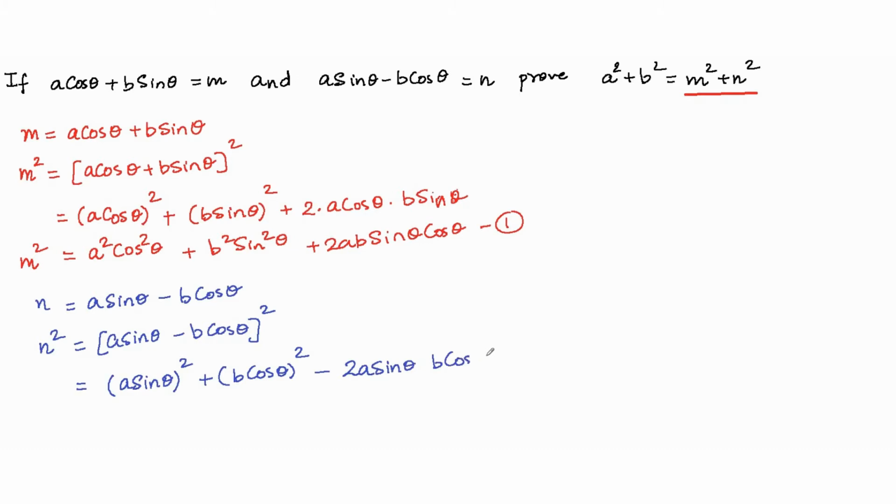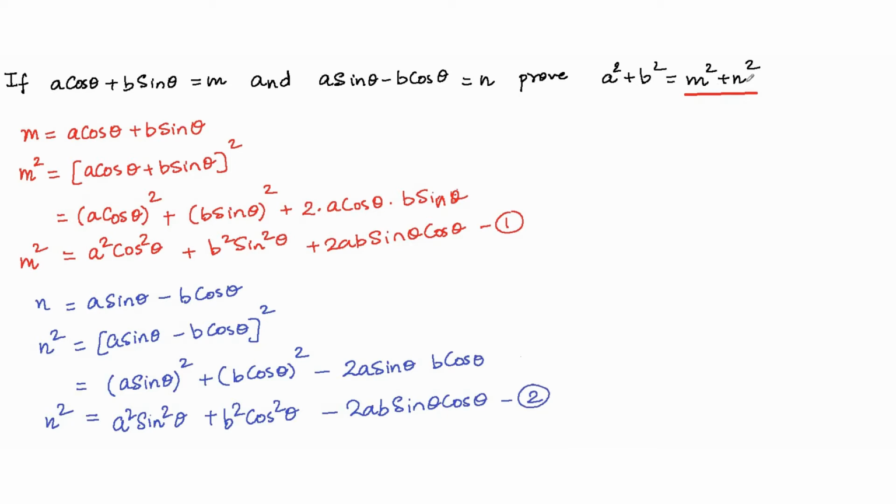Let's simplify these terms. So this would be A square sin square theta plus B square cos square theta minus 2AB times sin theta cos theta. This is my second term.